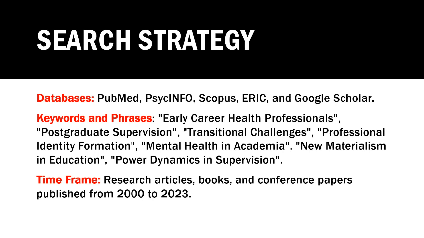It is not a database, it's a repository. So yes, you might find relevant literature on it, but it's not a database or a search engine per se. It's more of a repository. But Google Scholar certainly is a search engine that will bring up scholarly articles that you could then consider.